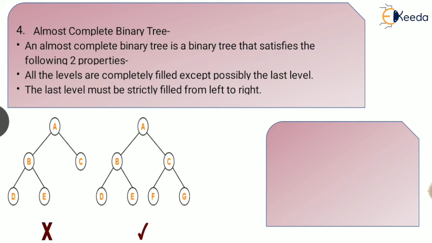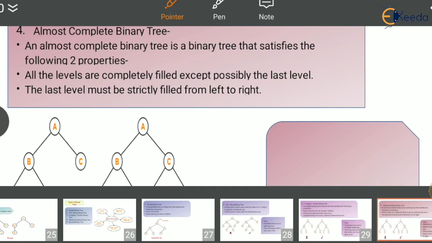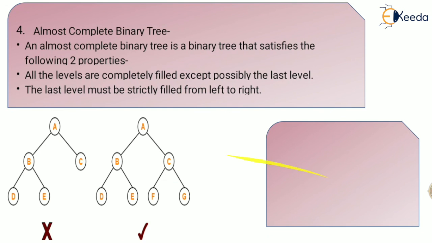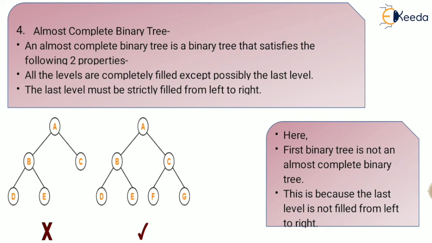Now, the last level should be filled from left to right. This is also important. So this is the almost complete binary tree. Here, the first binary tree is not an almost complete binary tree because the last level is not filled from left to right.